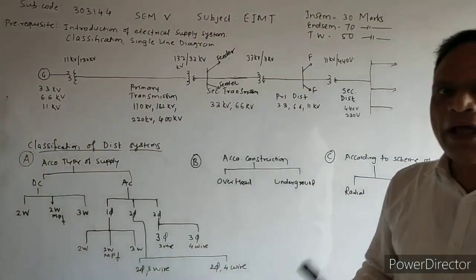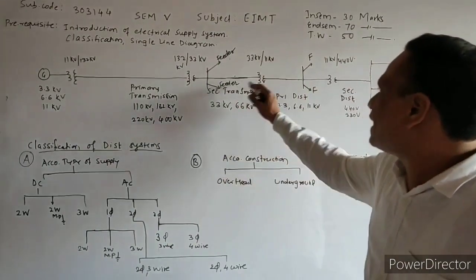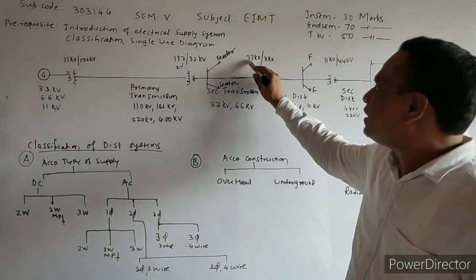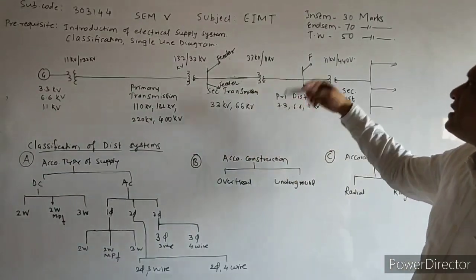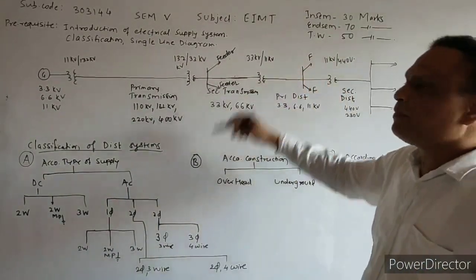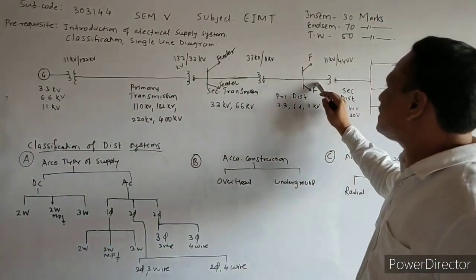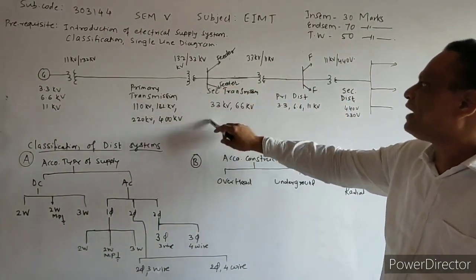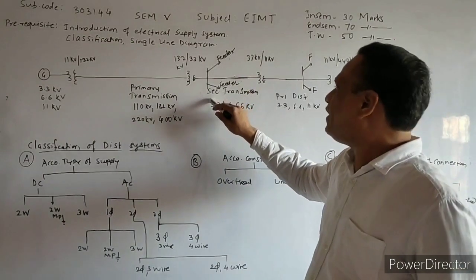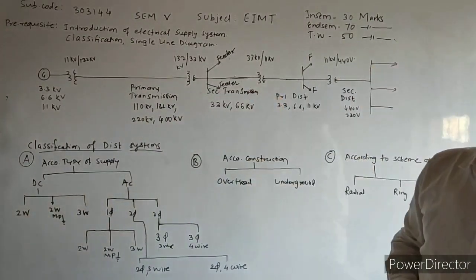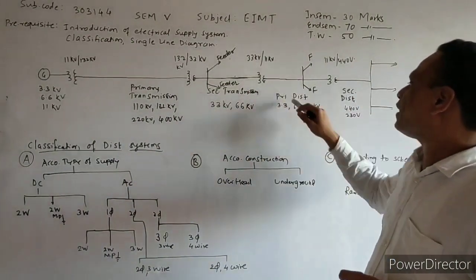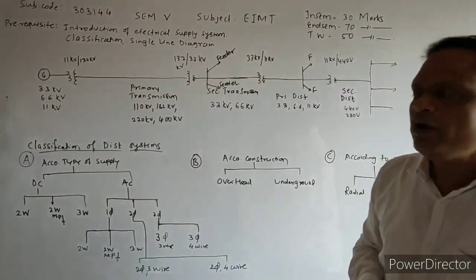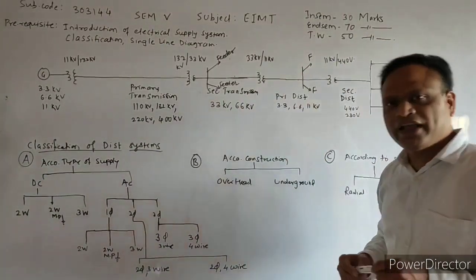After completion of this secondary transmission, further this voltage either 66 or 33 is stepped down with the help of step down transformer to the receiving station. So this was first receiving station at which we have obtained the voltage of 33 kV. It was coming under the secondary transmission, and then later on this is the second receiving station where this 33 kV was converted to 11 kV.